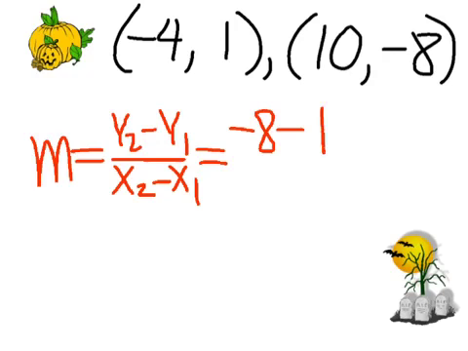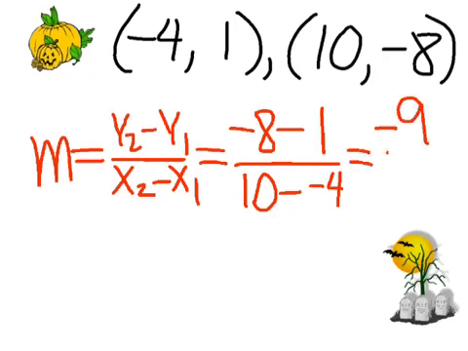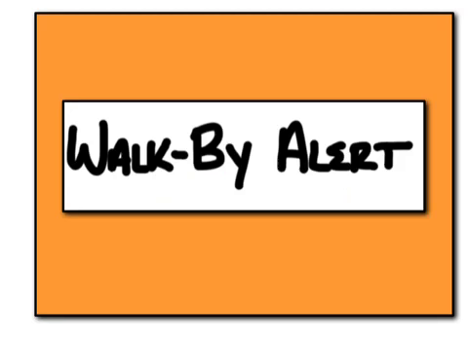Minus our y1, which is 1, over our x2, 10, minus our x1. So -8 minus 1. 10 minus a -4, we change that to plus positive. That'll give us -9 over 14.